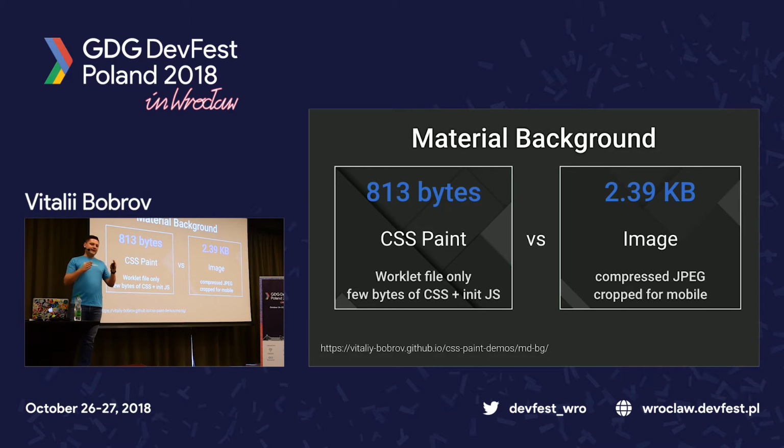We can't compare the size of JavaScript and image directly, but for such small numbers, I think JavaScript parsing won't be a big overhead. So at least we saved users' network with CSS Paint. And I don't need a few Paint worklets to provide different images for different screen sizes. It's responsive by design. I have the size of the element and I can adjust the image in real time.